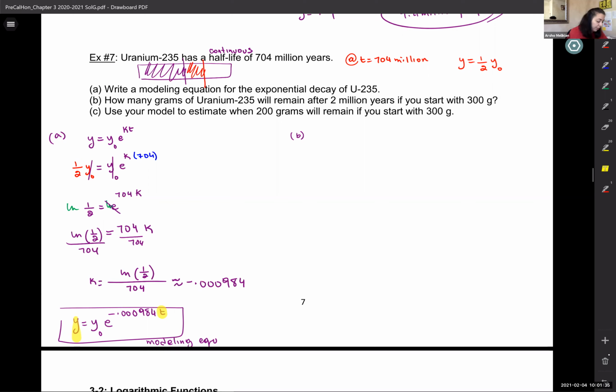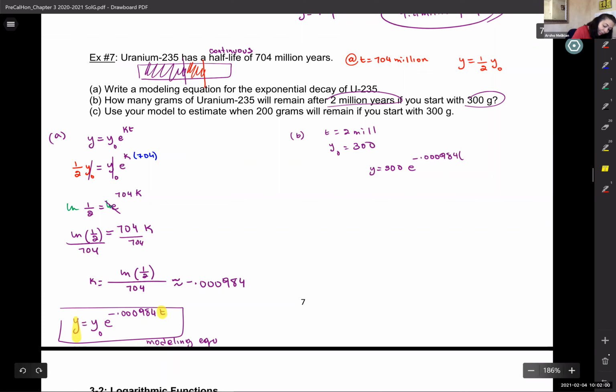Okay, so B, how many grams of uranium-235 will remain after 2 million years? So now t is 2 million. If you start with 300, y naught is 300, right? So we plug it in: y equals 300 e to the negative 0.000984 times 2, because we're doing everything in terms of a million.